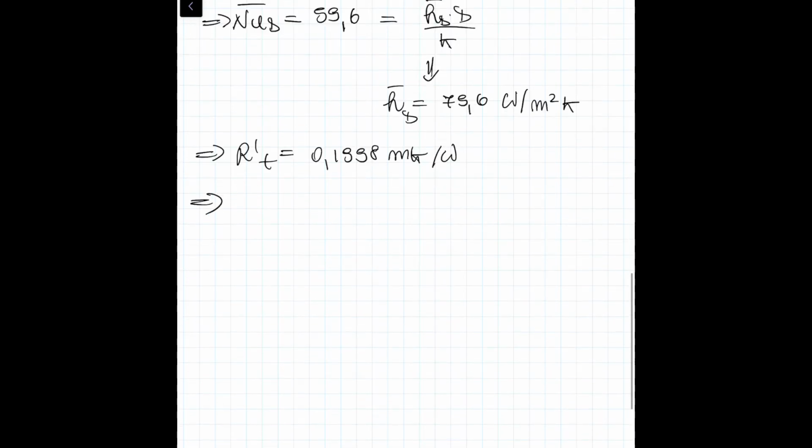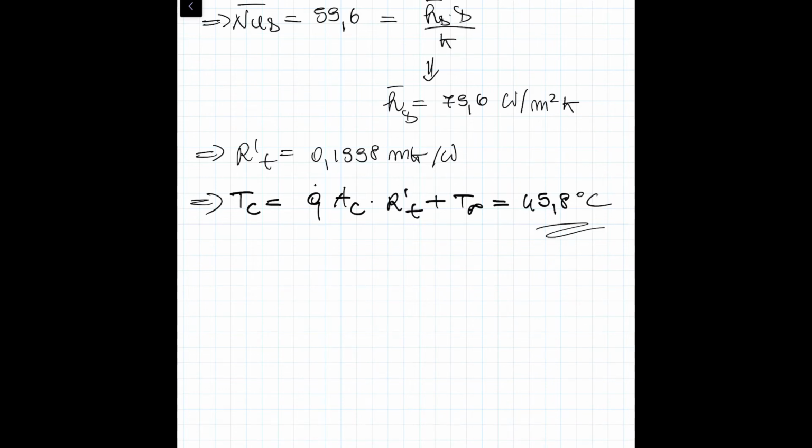Now, by rearranging, we find that T_C is equal to Q times A_C times R_T plus T infinity. We have all the data here, and so you should find that T_C is equal to 45.8 degrees. Now, this is the answer to part A.